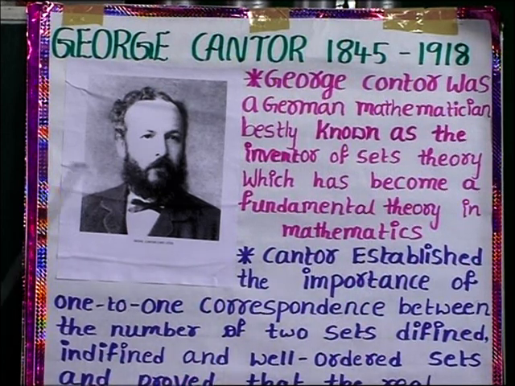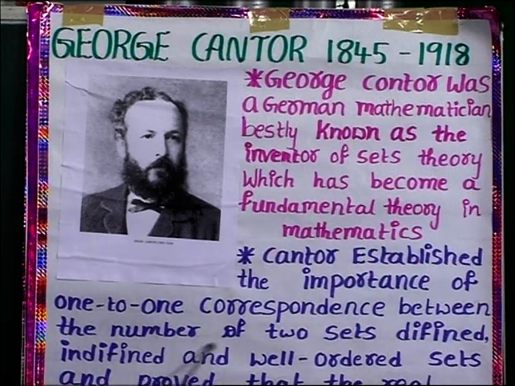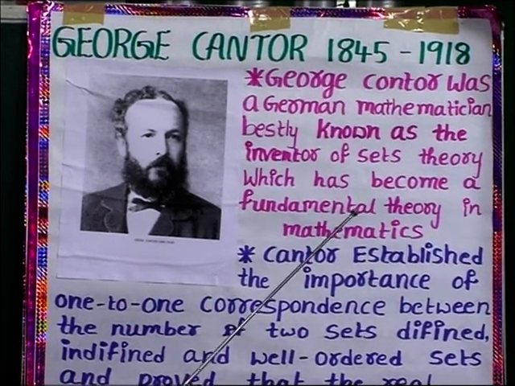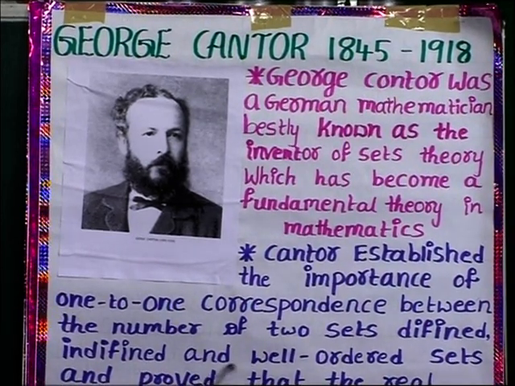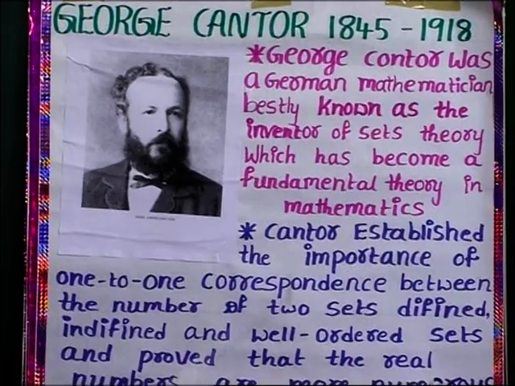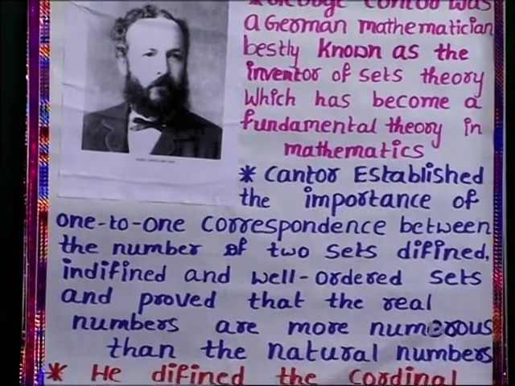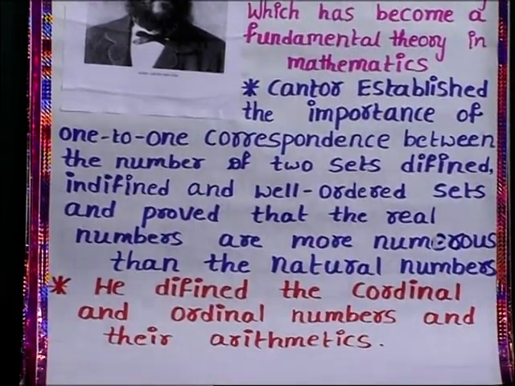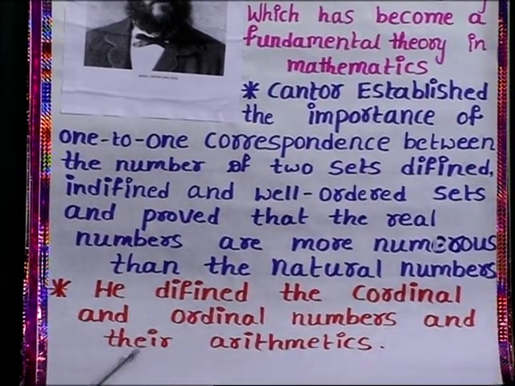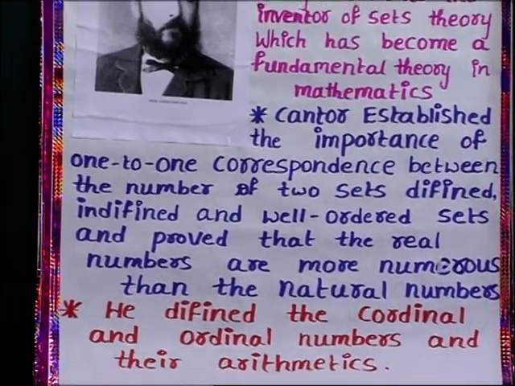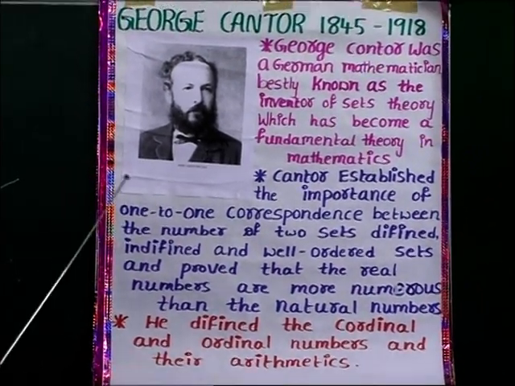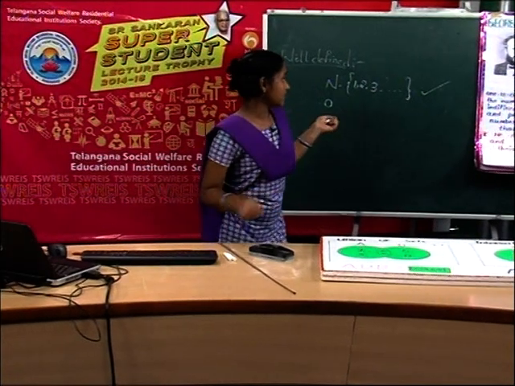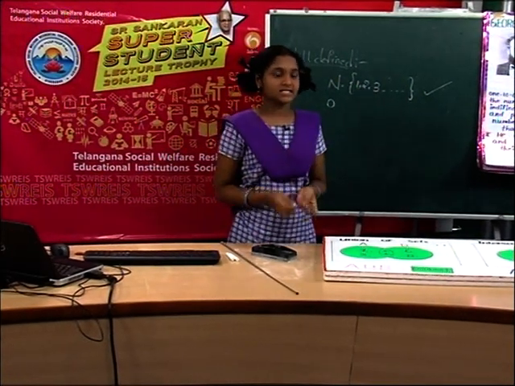Cantor established the importance of one-to-one correspondence between numbers and also between two sets, defined or not defined, and well ordered sets, and proved that real numbers are more numerous than the natural numbers. He also defined the cardinal and ordinal numbers of arithmetic. He is George Cantor, who developed sets.